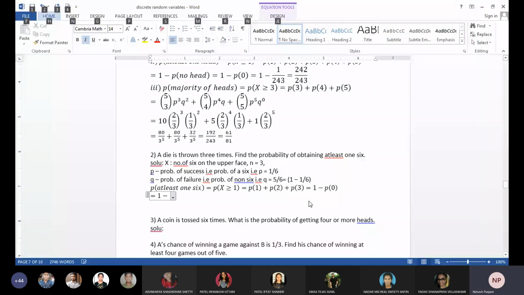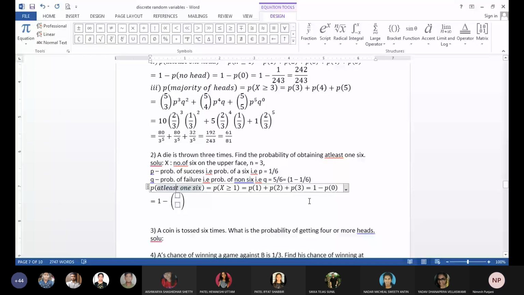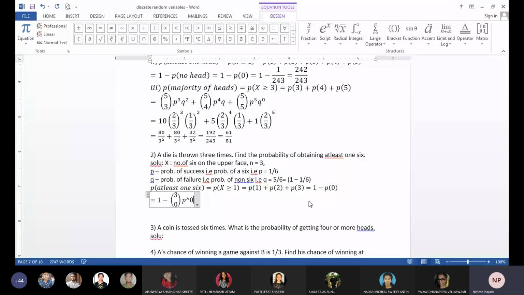So what is your P of 0? P of 0 will be 3C0 P raised to 0 Q raised to 3. Right?